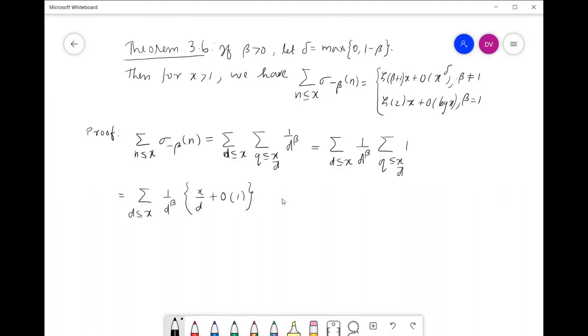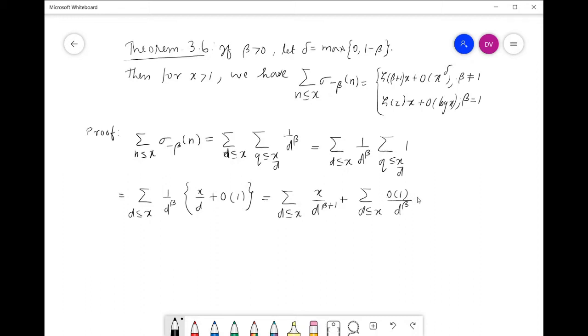This is the d part of the asymptotic formula. So this will be equal to sigma d less than or equal to x of x by d raised to beta plus 1, plus sigma d less than or equal to x of 1 by d raised to beta.